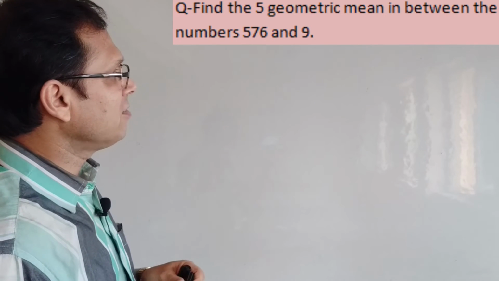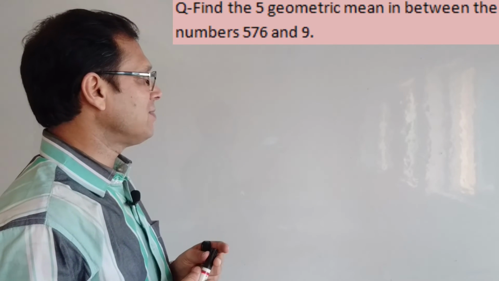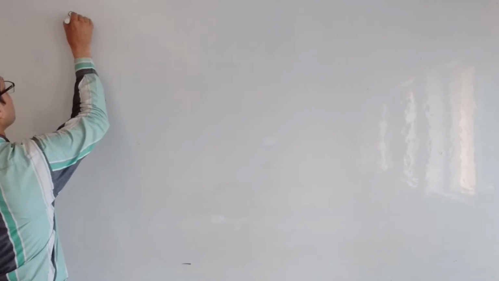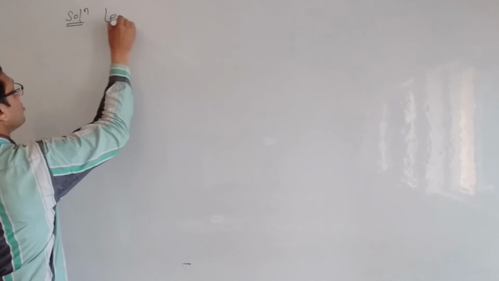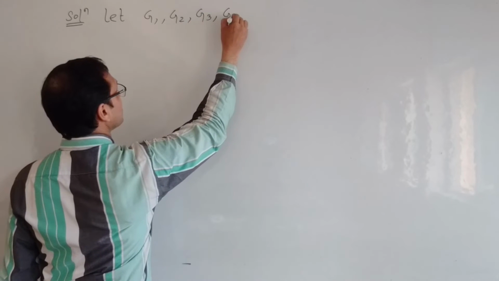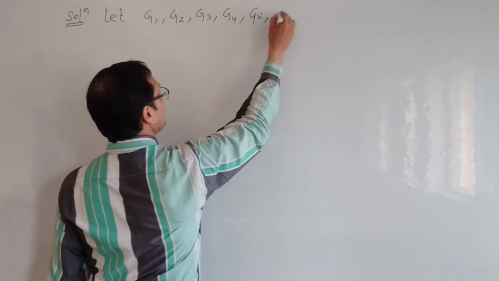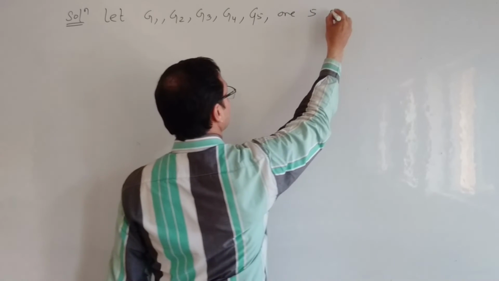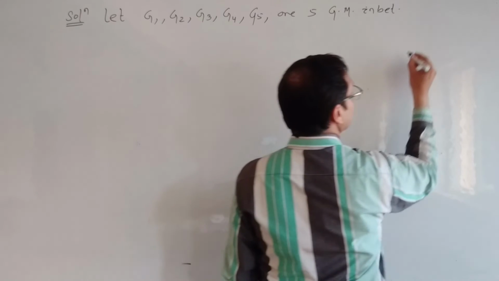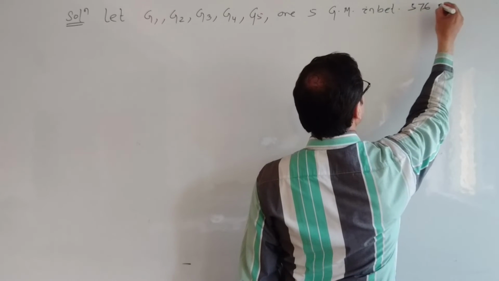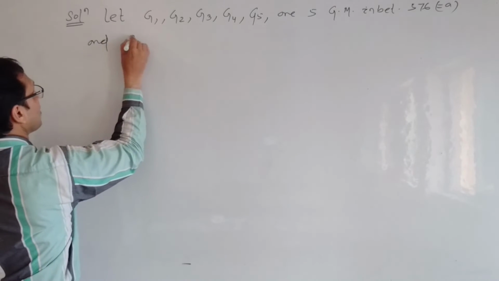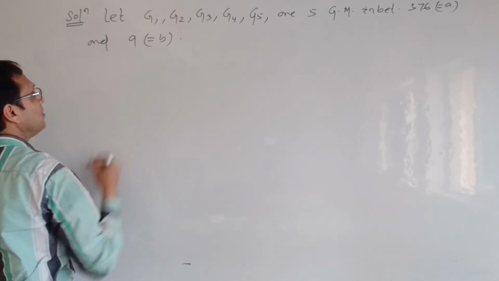Read the question. Find the 5 geometric means in between the numbers 576 and 9. So let us start the solution. Your supposition should be, let G1, G2, G3, G4 and G5 be the 5 geometric means in between the numbers 576, which is equal to a, and 9, which is equal to b.